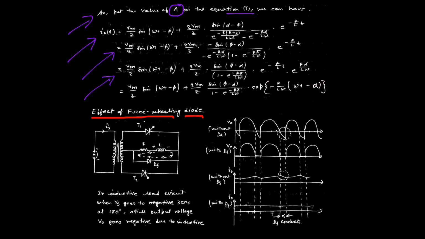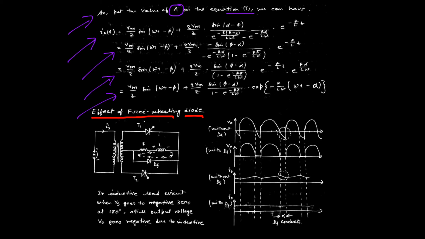So ultimately we can rewrite the expression: Vm by Z sine(omega t minus alpha) plus 2Vm by Z sine alpha sine(phi minus alpha), and the denominator part is 1 minus e to the power minus R pi by L omega, and exp minus R by L omega into (omega t minus alpha).